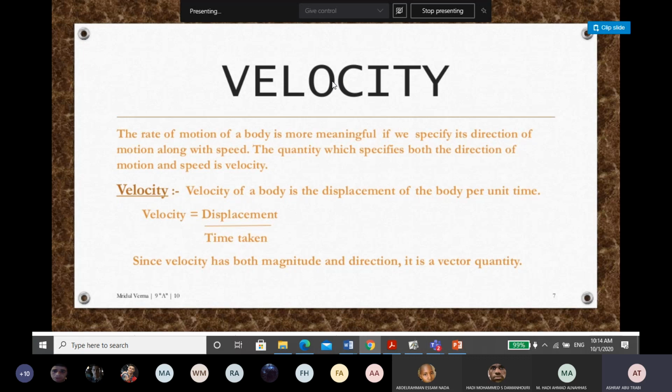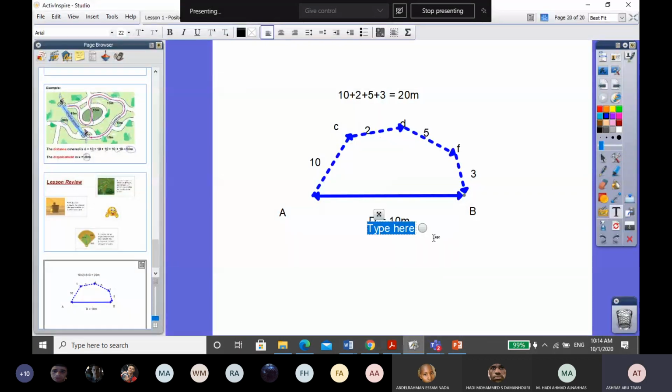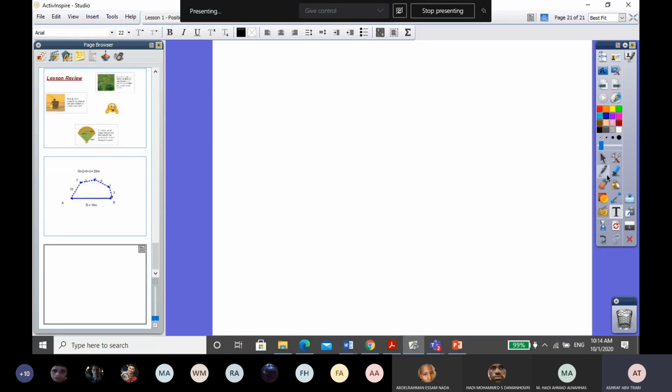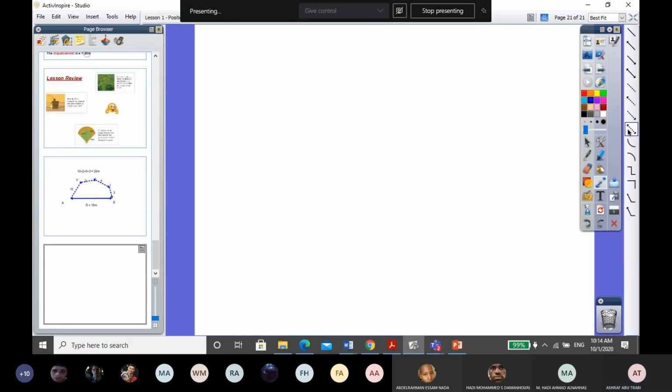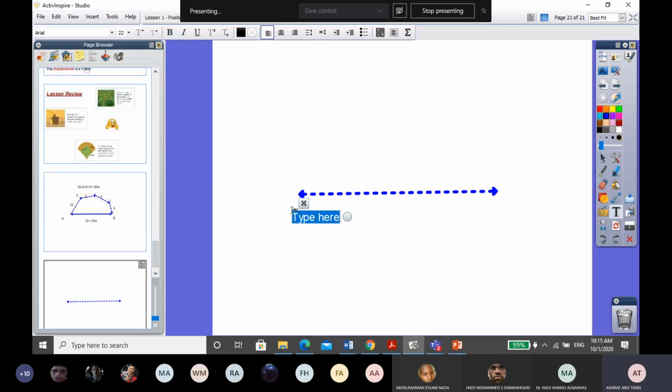If I say, for example, I am going from Jeddah to Riyadh, the displacement is, for example, I will give you another example here, guys. Suppose these are two points, point A and point B. Here I am taking the displacement.